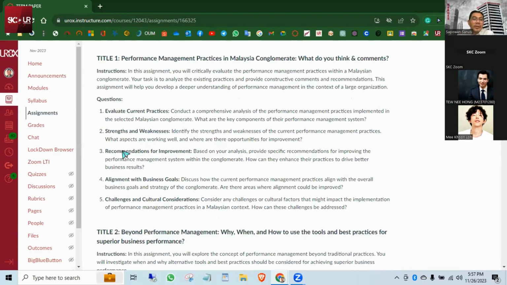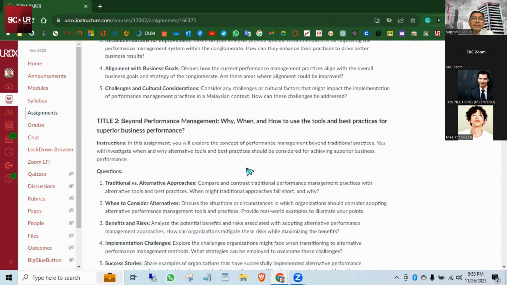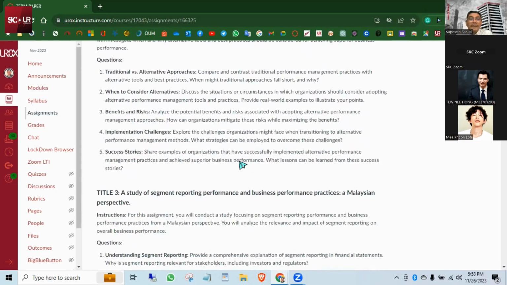Question number 2 is: beyond performance management, why, when, and how to use the tools and the best practice for superior business performance. This is the question you need to answer for title number 2. Still, you need to cite and find the references.